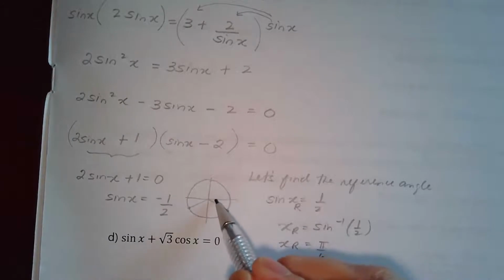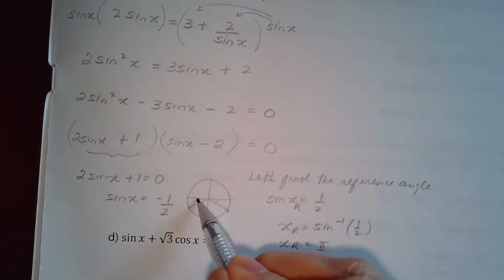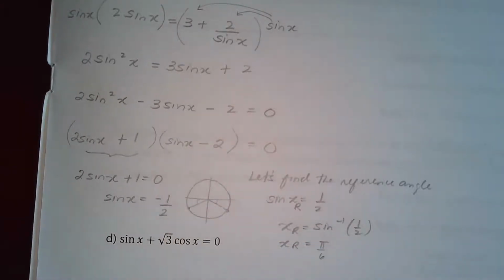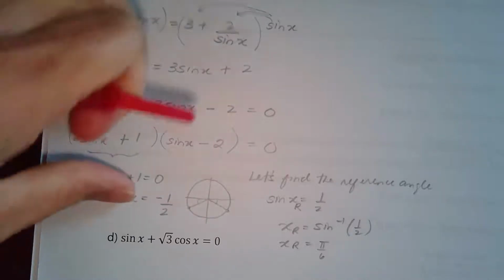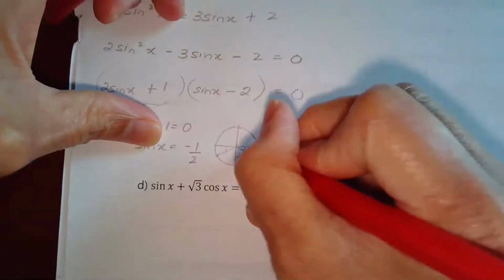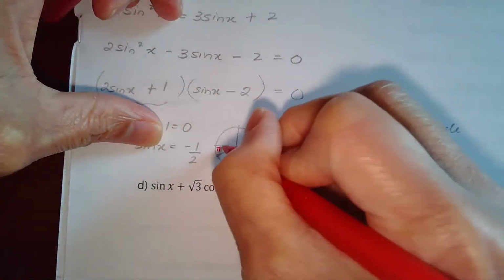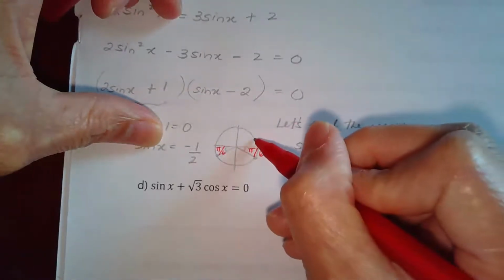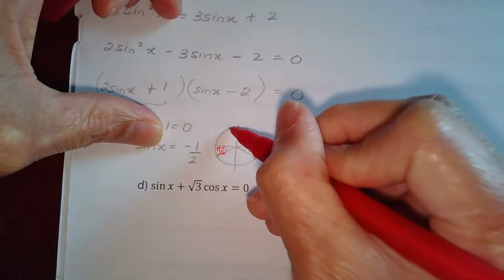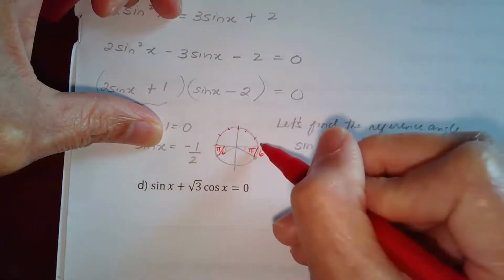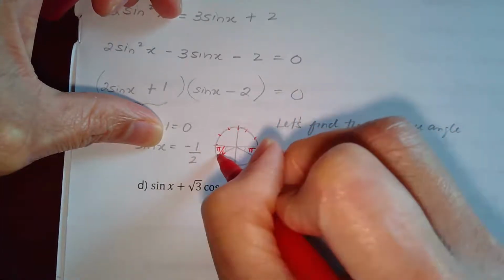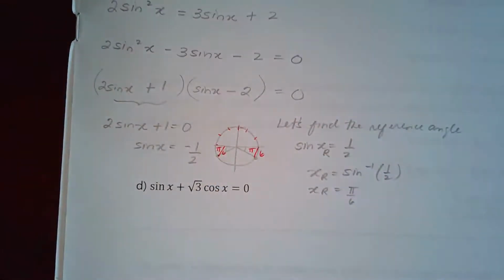So that means that this is pi by 6 and then this is pi by 6. Okay, this is really tiny. So this is pi by 6 and then this is pi by 6. So if I go pi by 6, that's going to take us to 7 pi by 6.